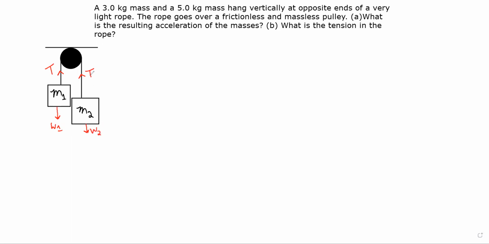Again, this is the same tension force that appears at both ends of the rope. Mass 1 is 3 kilograms. Lighter mass goes up. Heavier mass goes down. Good. Step 1.